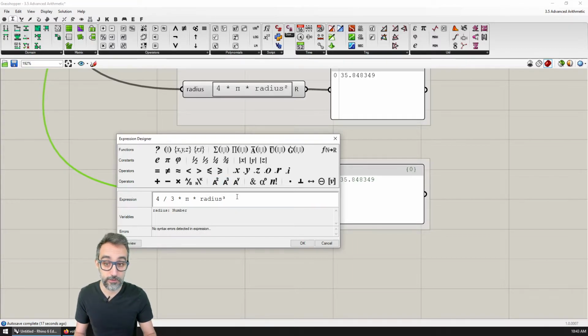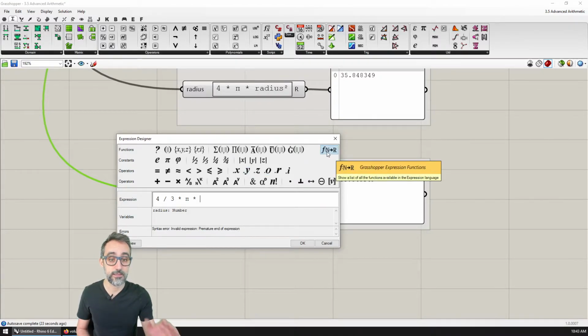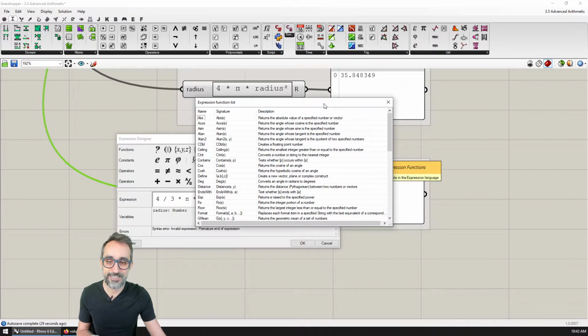Well, it turns out that if you look here in this panel, you can see that you can consult a list of all the functions that are available in this language.